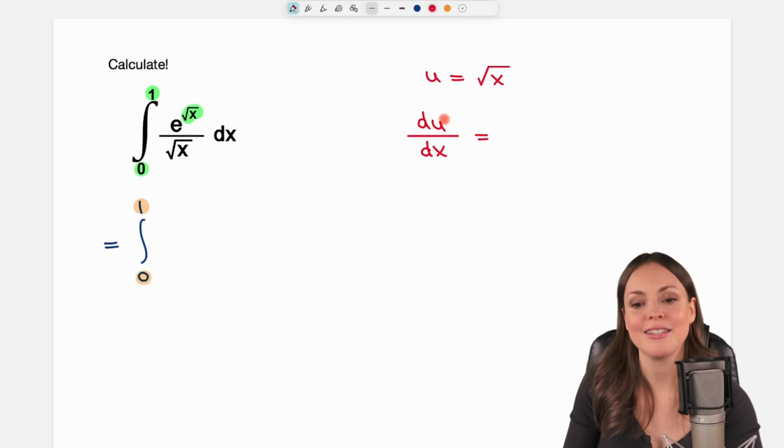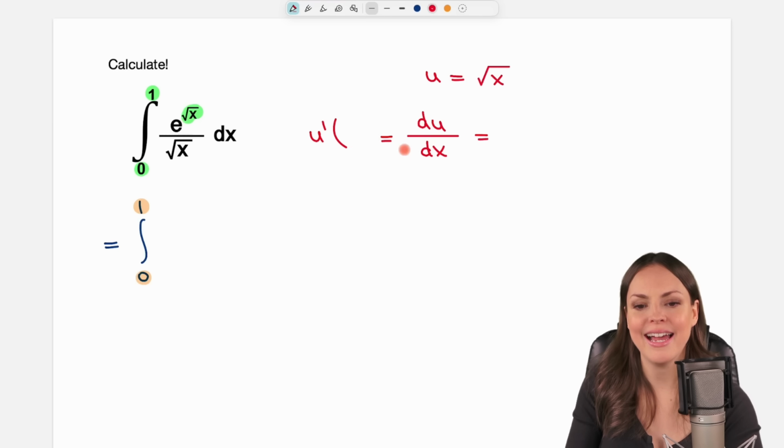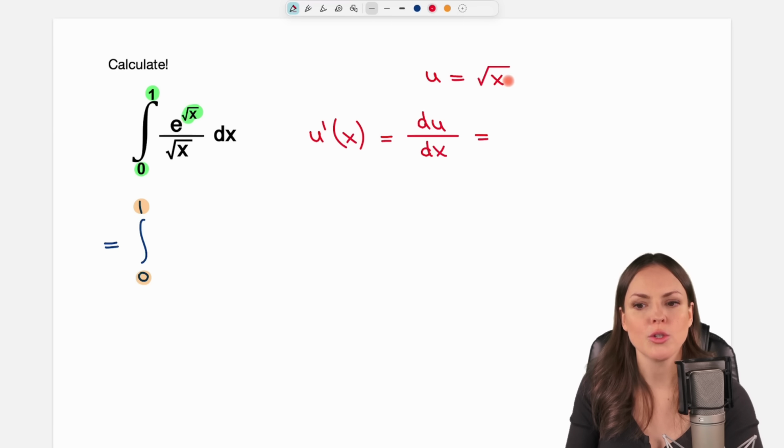This is just the mathematical way of writing u prime of x. So you can write the derivative of u either like this or like this. It's the same thing. We need this way here now because it helps us a lot. Keep in mind that this just means that you want to find u prime, so you want to differentiate this function here.